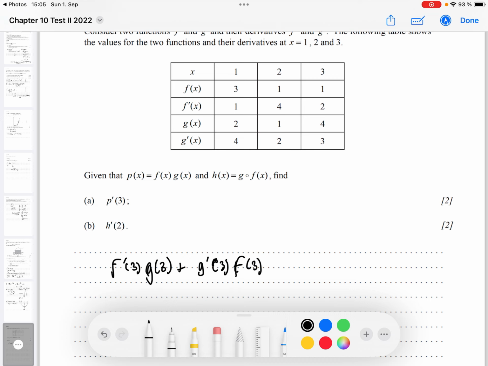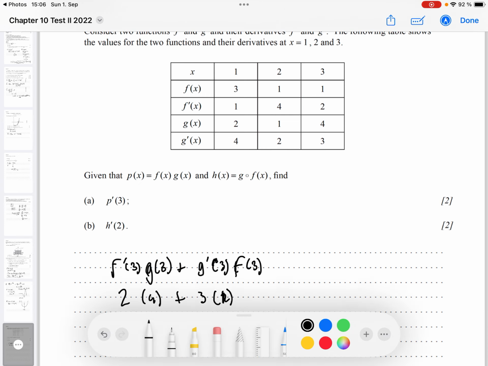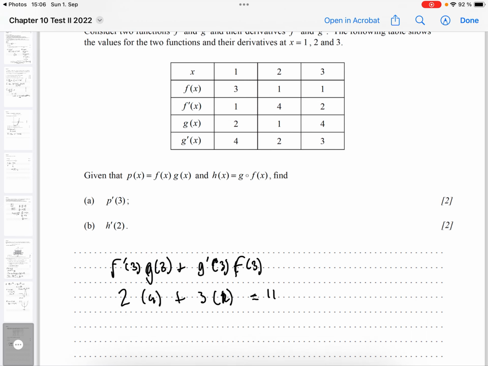So f prime of 3 is equal to 2, g of 3 is equal to 4, and g prime of 3 is equal to 3, and f of 3 is equal to 1. So all we have to do now is solve this, which gives us 2 times 4 plus 3 times 1, which is equal to 11.